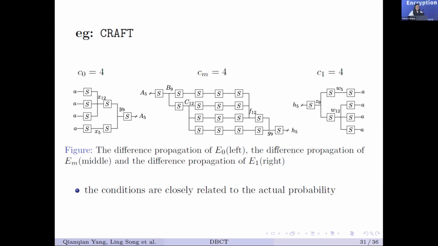For example, using our formula, we can give the conditions for the 13-round distinguisher of Kraft. The result indicates that the conditions are closely related to the actual probability.